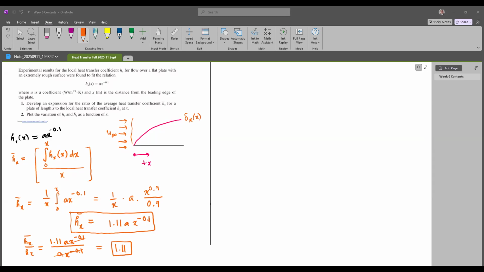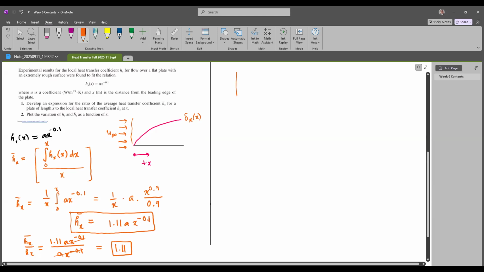And now in part B, they are asking us to plot the variation of hx and hx bar as a function of x. So it is an inverse relation, so we use a plot. Hmm.